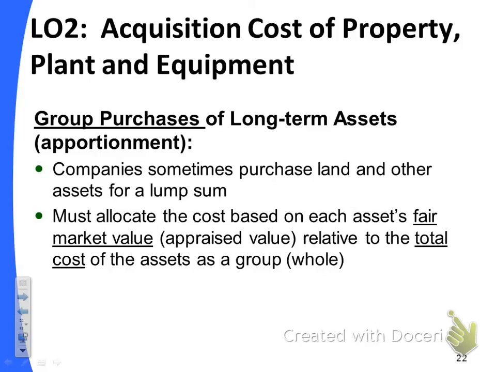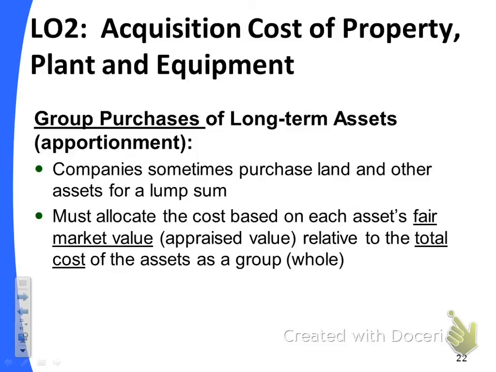The equipment may be depreciated. But they all have different useful lives. So what I've got to do is break it out. If I paid $1 million to purchase the land, the building, the equipment, etc., I have to figure out how much of that $1 million is going to be allocated to each of those different categories of long-term assets. Because they're all treated differently.